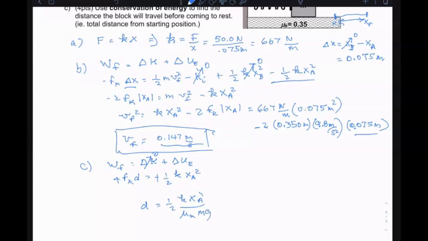And after writing this down just now, I realized that in my earlier calculation up here in part B, I should have had the factor of the mass in here.